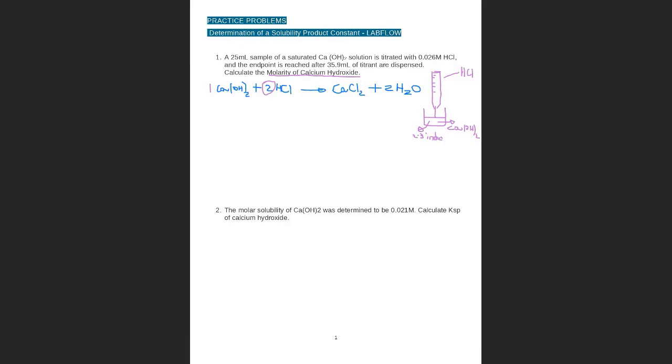At that point, we don't have excess of any of the reactants. So at the end point, whatever you had in the beaker, you were adding acid drop by drop, and the amount of calcium hydroxide is stoichiometrically equivalent to the amount of hydrochloric acid. Any questions there on what the end point is?